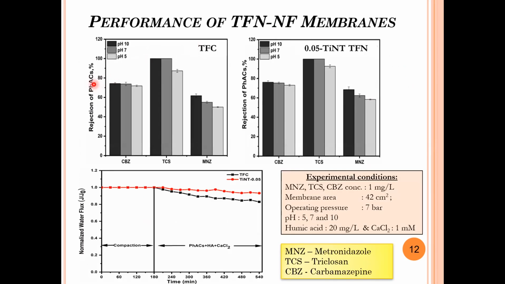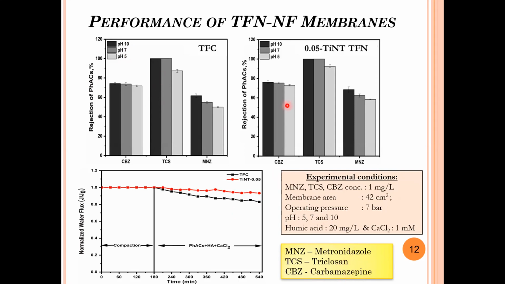The application here is that we use this membrane to retain pharmaceutically active compounds, which are the emerging contaminants I introduced in the first slide. We took 3 emerging pollutants, metronidazole, triclosan, and carbamazepine, each at 1 milligram per liter, present in the water and passing through, and we changed the pH to see the removal percentage of each.